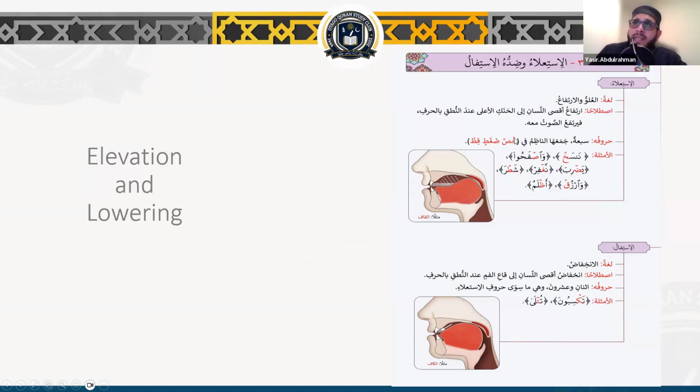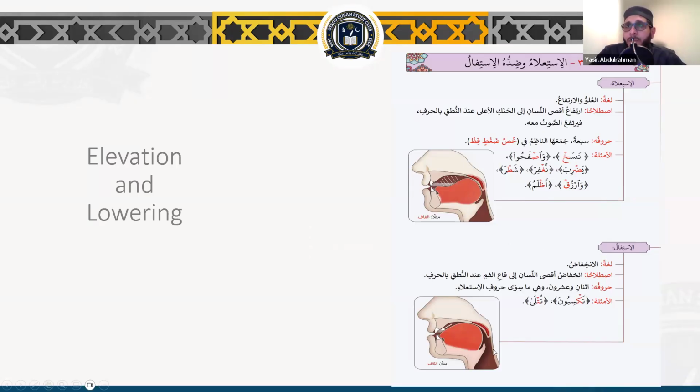If you see these arrows on the photo, that's where the sound is emitted towards the top part of the mouth, making some reflections, and these reflections make the sound more elevated, pitched higher, right?